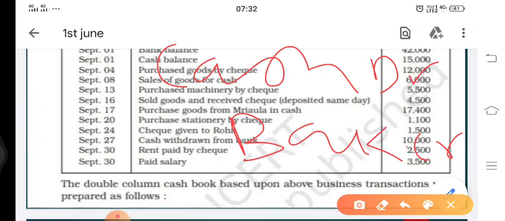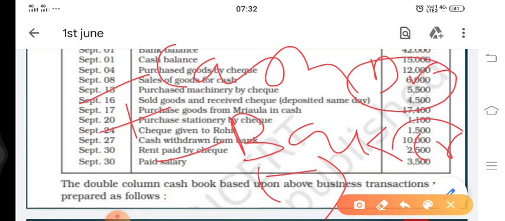But the important thing is that in this question you have made cash column also and bank column also. So it is just like that your bank being giver has to be subtracted and cash, since it came into the business, has to be added back. So to add we have debited and to subtract bank we have credited.